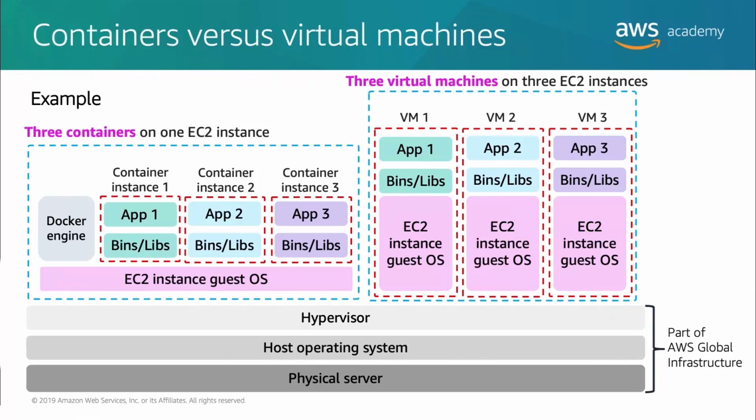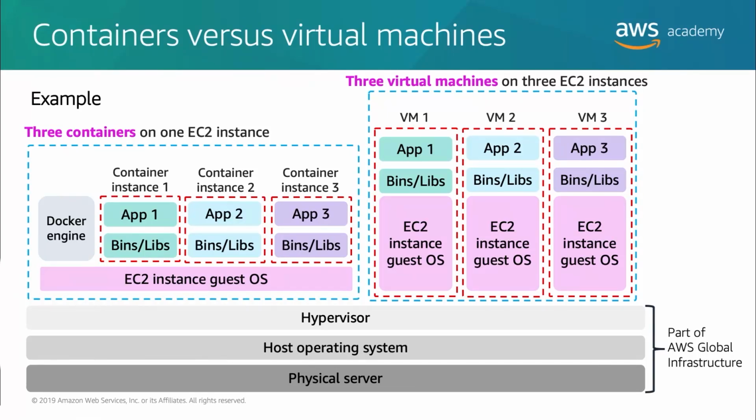The left of the diagram shows a container-based deployment. Here you see that only one EC2 instance runs a virtual machine. The Docker engine is installed on the Linux guest OS of the EC2 instance, and there are 3 containers. In this container-based deployment, each app runs in its own container, which provides the process isolation, but all the containers run on a single EC2 instance.